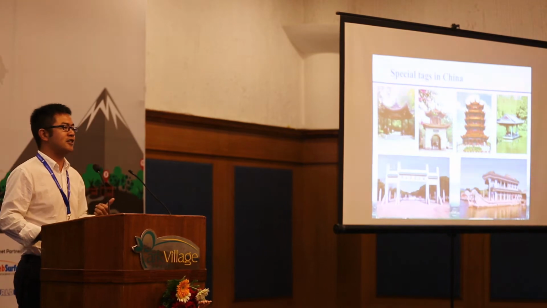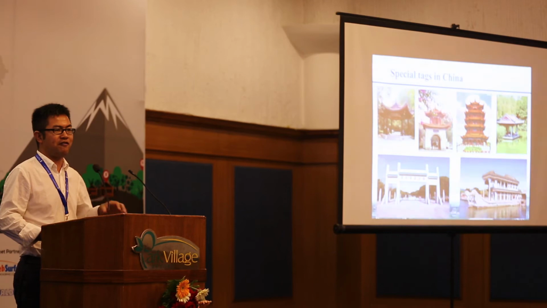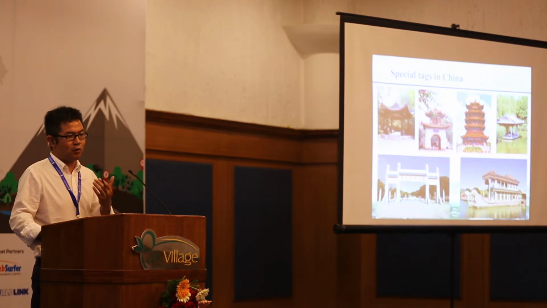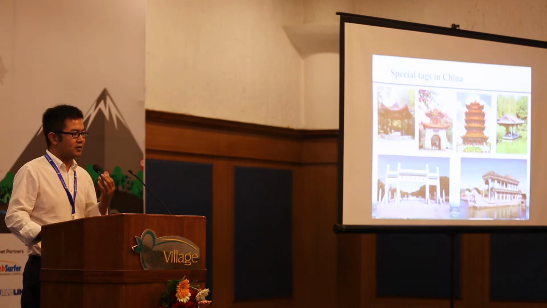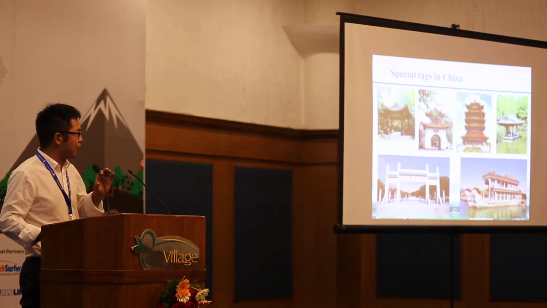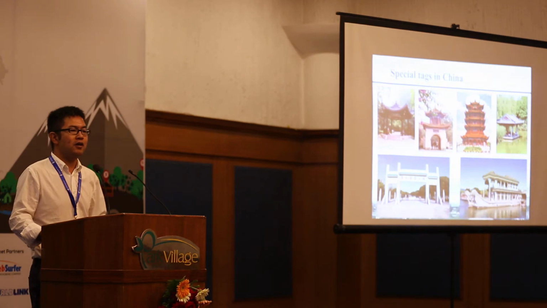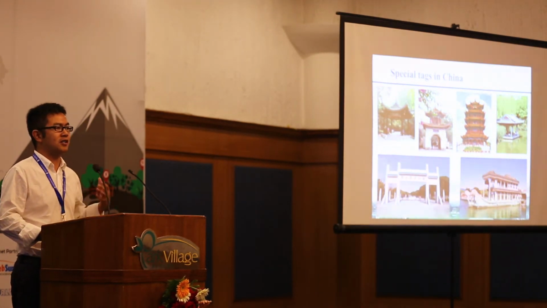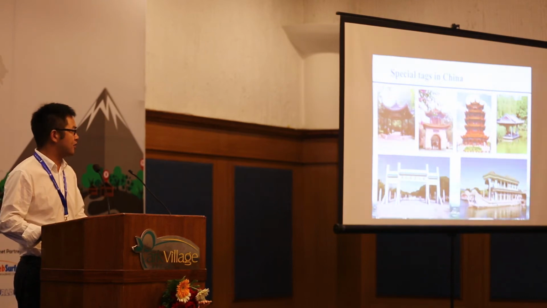But the Chinese community just follows the tags defined on OpenStreetMap. Only in a few cases do they define new tags. Most of them just follow the tags defined by the OSM community.